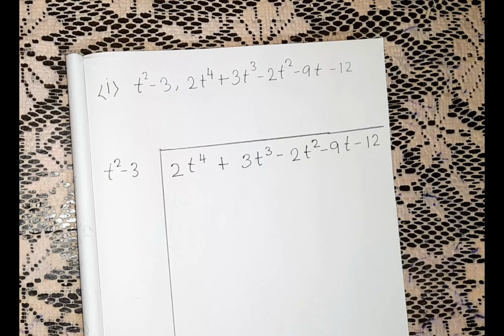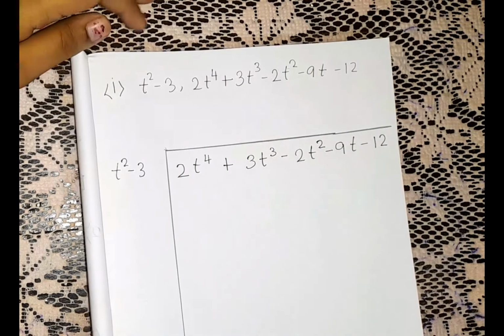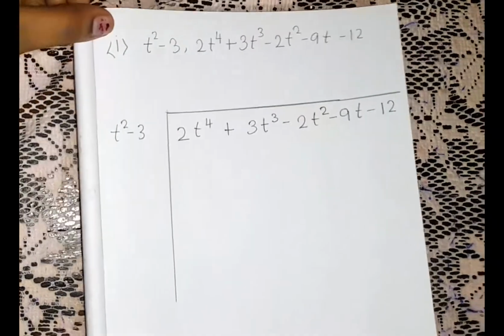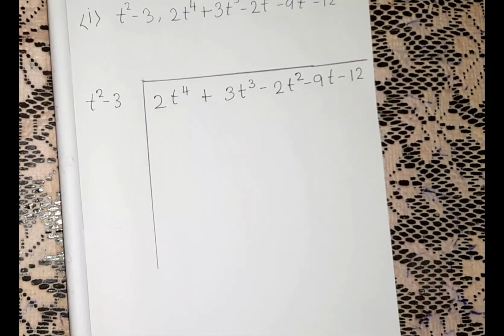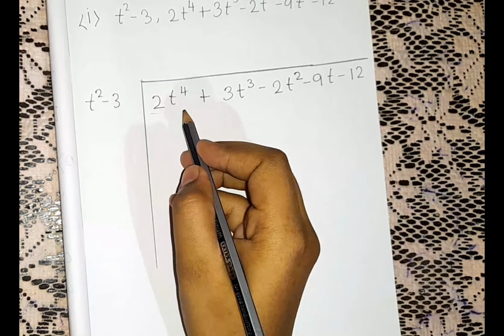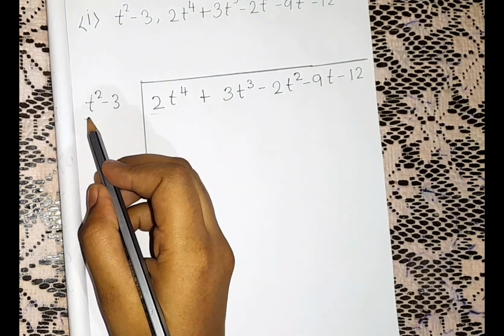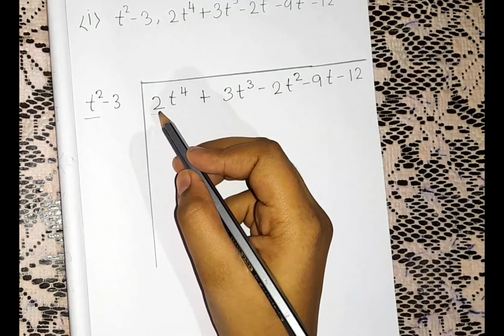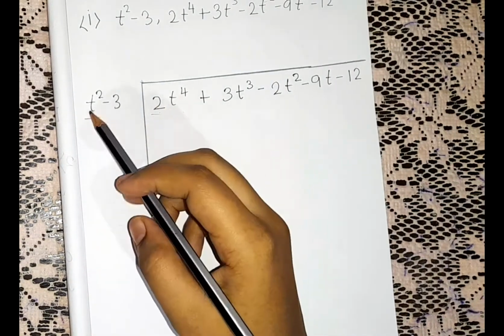As you know, in the previous subdivisions and the first question, we took the first term here and the first term here. Let me take 2t power 4 and t square.